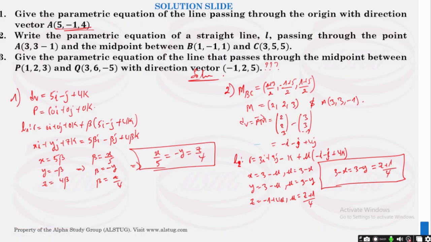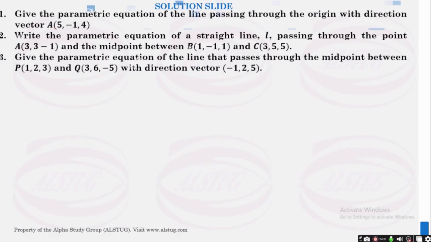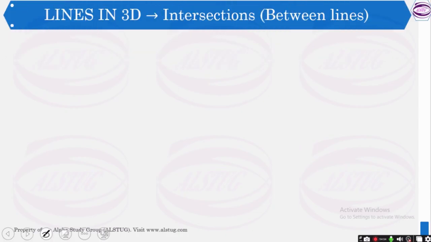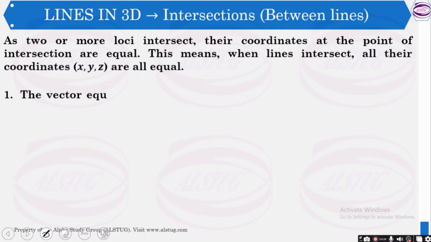We're able to figure out the x coordinate, the y coordinate and the z coordinate. We're able to tell that the x coordinate from here is a combination of this and this, and the same for y and z. So we are going to be applying that knowledge in this section of the study.